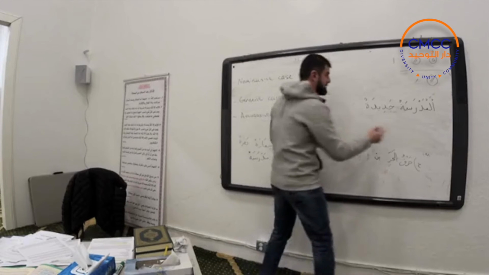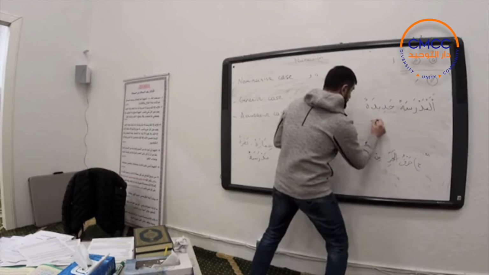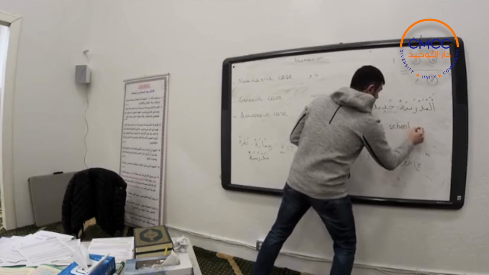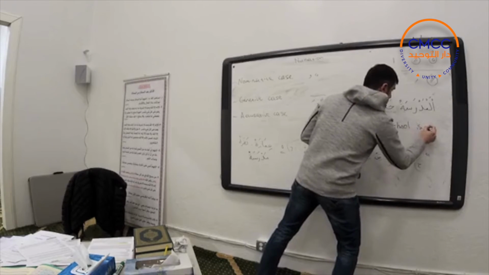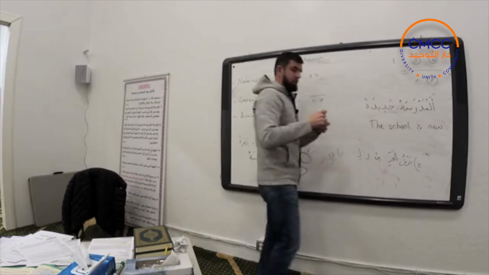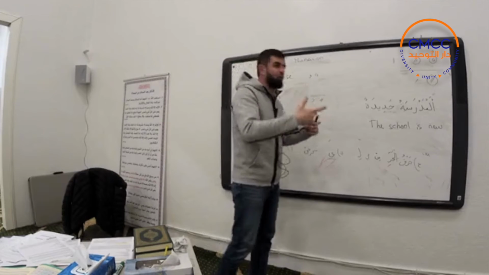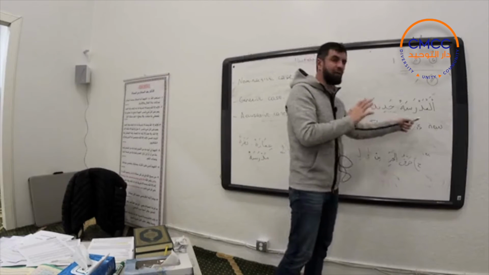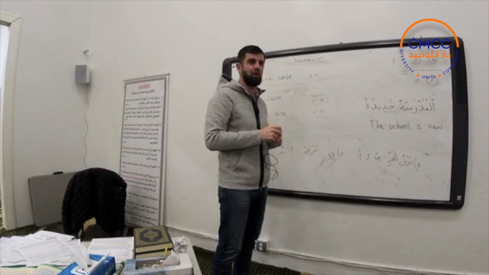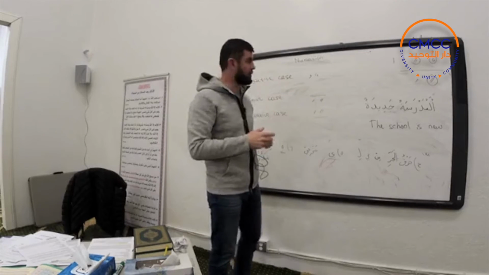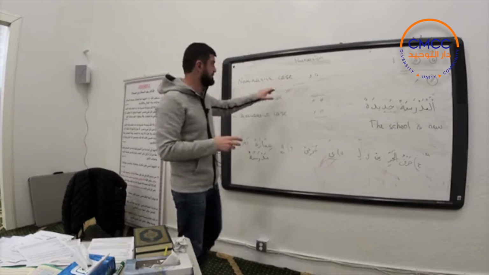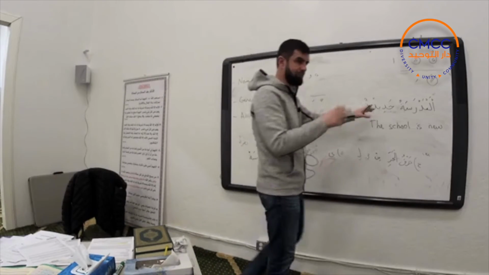We're saying, the school is new. I'm running a little bit forward, but this is not the topic right now, because the formation and building of sentences we will learn later on, inshallah. But right now, in order to explain the nominative case, I have to bring this example.